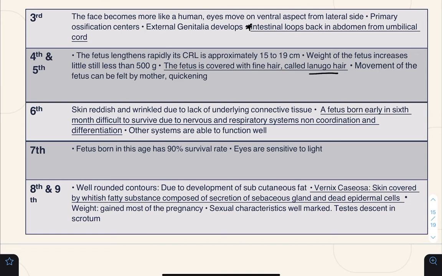The survival rate is extremely low, and it's going to get extremely high up to 90% بس بعد شهر اللي هو الشهر السابع. And the eyes are going to be sensitive to light.